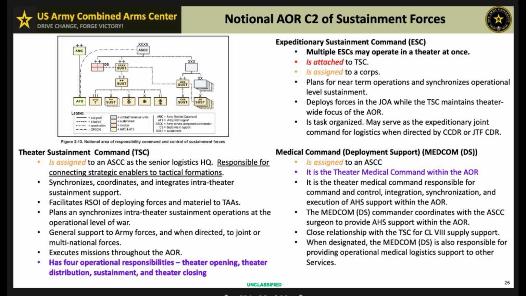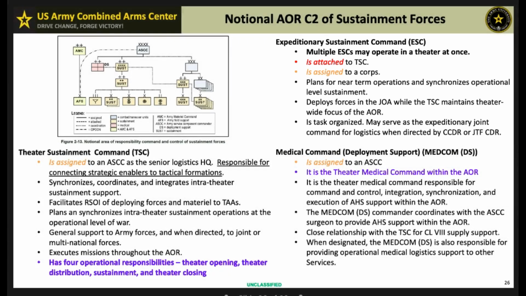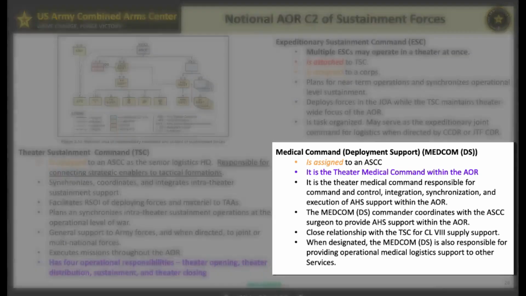This slide outlines the notional AOR command and control of sustainment forces, focusing on 3 key organizations: the Theater Sustainment Command, TSC, Expeditionary Sustainment Command, ESC, and Medical Command Deployment Support, MedCom-DS.